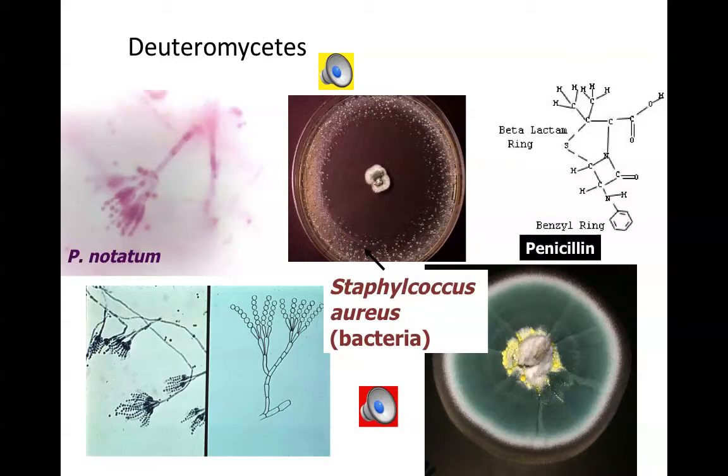In any case, penicillin, of course, has been both historically and commercially, and in terms of medical treatment, a very valuable source of medication to treat various kinds of bacterial infections, all from a product from a mold, Penicillium.